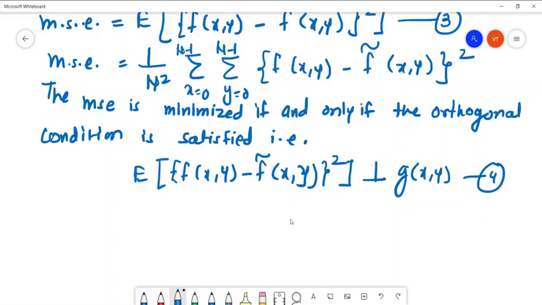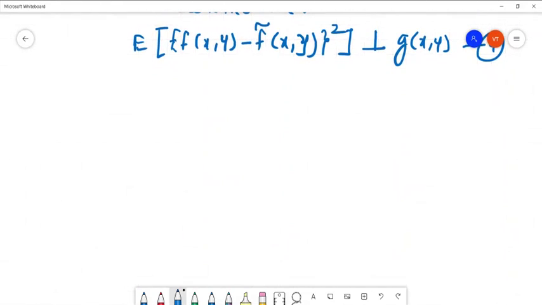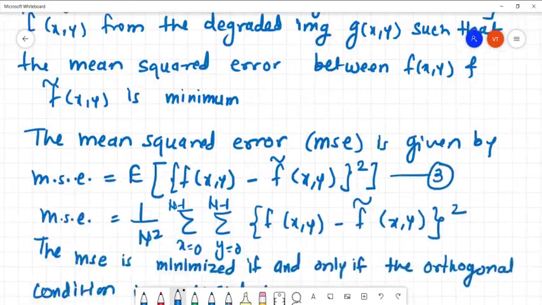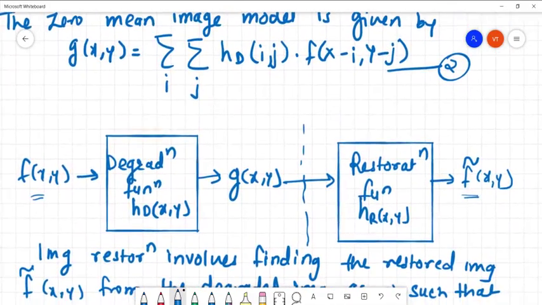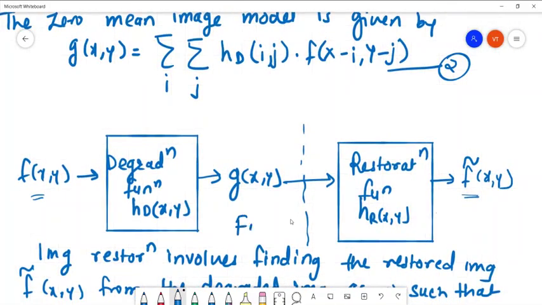Okay, so we'll give this figure the name figure 1.